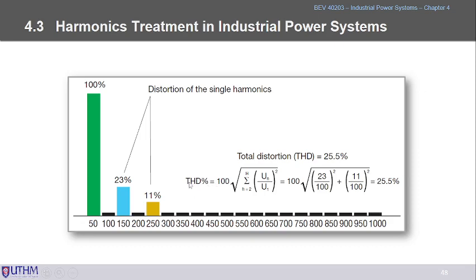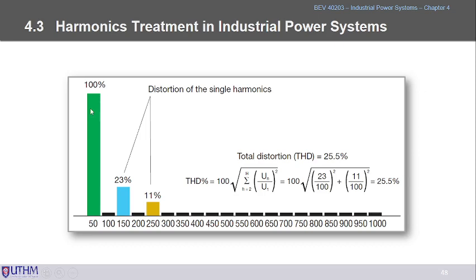The total harmonic distortion percentage represents how much harmonic content is available in our systems, where we only calculate on the harmonics and do not include the fundamental. So 100% is the fundamental if we are operating at 50 hertz. Okay, so 50 hertz will be our fundamental waveform.